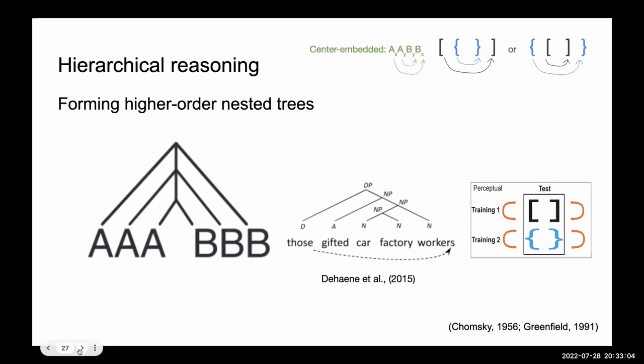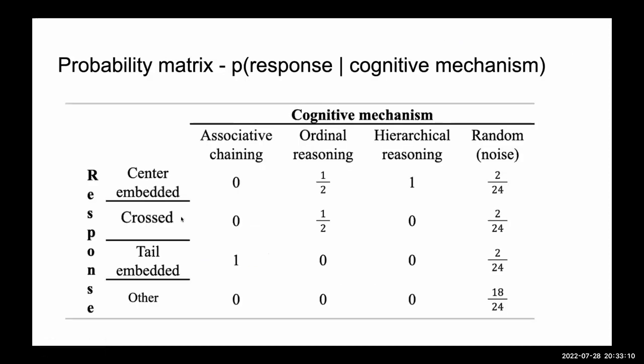So we formalized these predictions of what a different cognitive mechanism would generate in this probability matrix. We have these different cognitive mechanisms, and what types of responses they would lead to. We also had a random catch-all mechanism, a noise parameter, where all of the 24 sequences were equally likely to be generated.